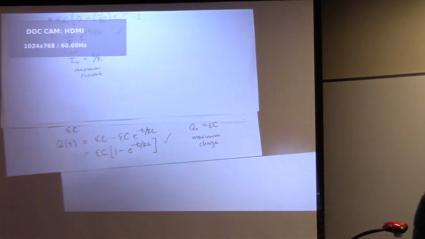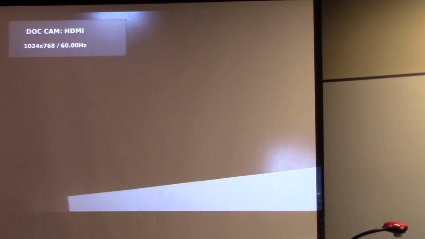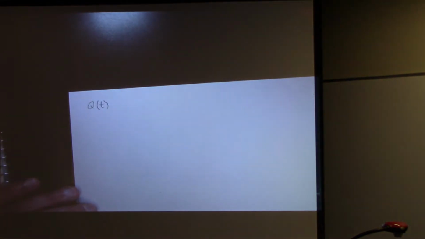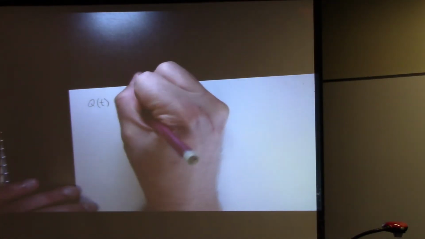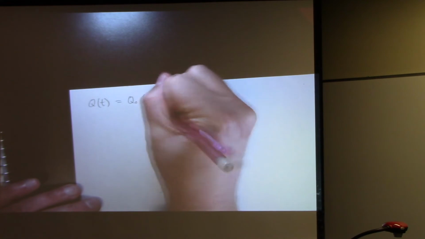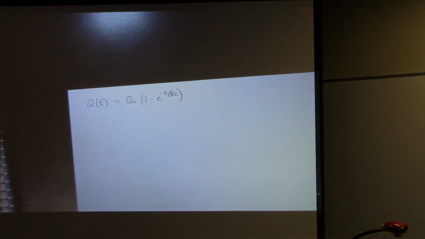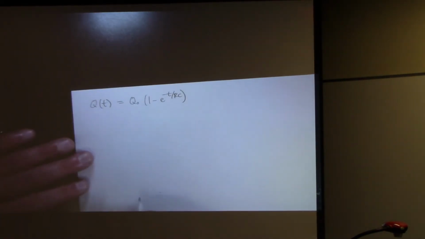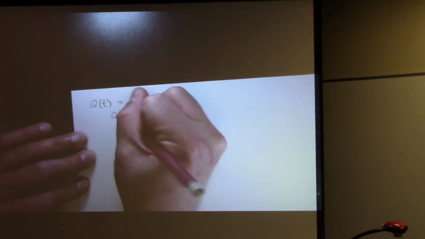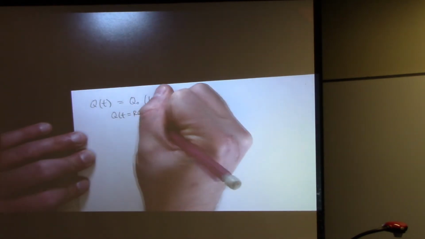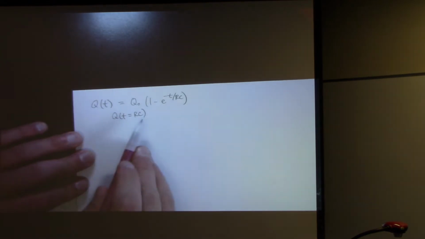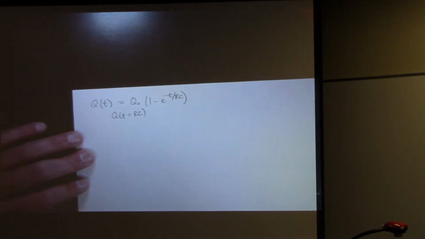Okay. So to give you a sense of what I'm talking about, let's just do a little bit of math using exponents. My charge at time t is equal to Q naught times 1 minus e to the minus t divided by RC. That's just my charge on the capacitor as a function of time. So here, let's try something. Let's plug into the equation a time which is equal to R times C. What happens?